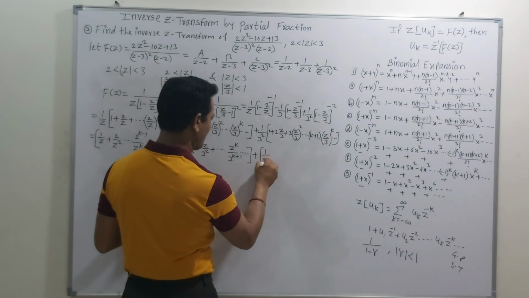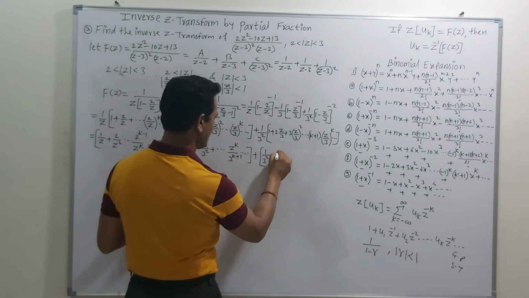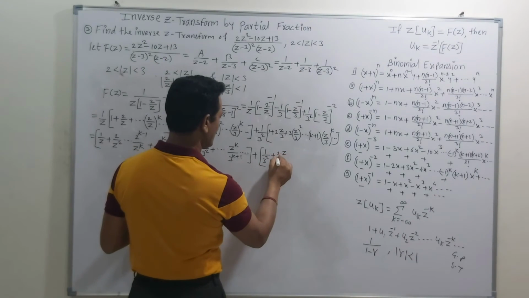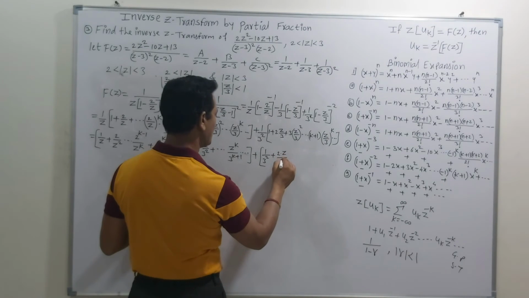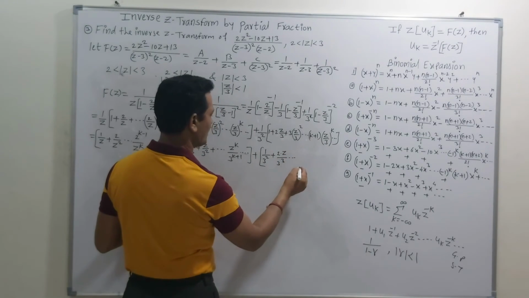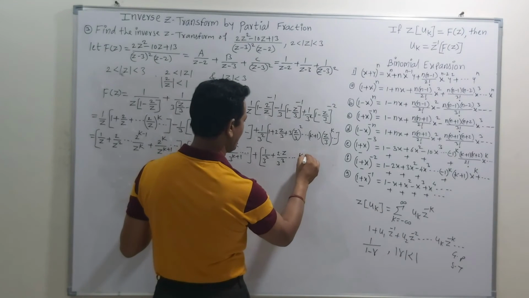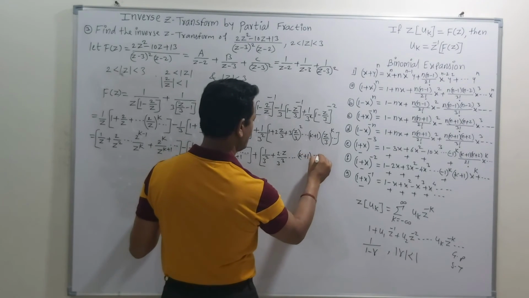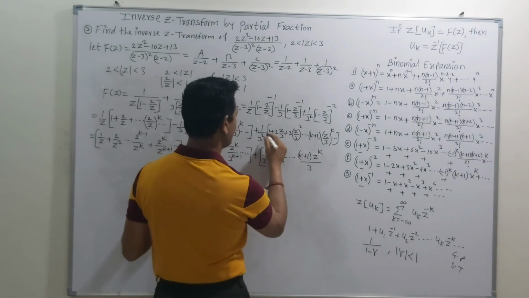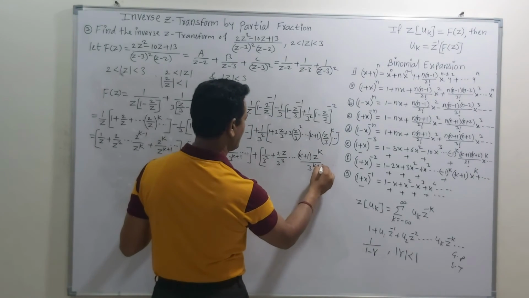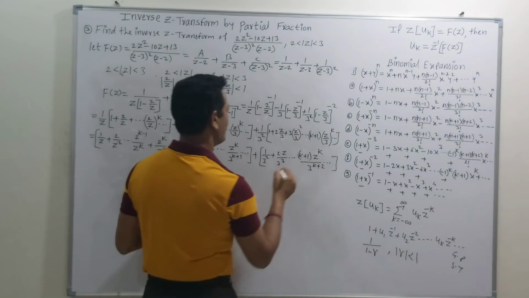If we take this 1 upon 3 square to the inner side, then this is 2 into z upon 3 raised to 2 plus 1, that means 3 cube, and so on. We get k plus 1 z raised to k upon 3 raised to k and 3 square, so we get 3 raised to k plus 2, and so on.